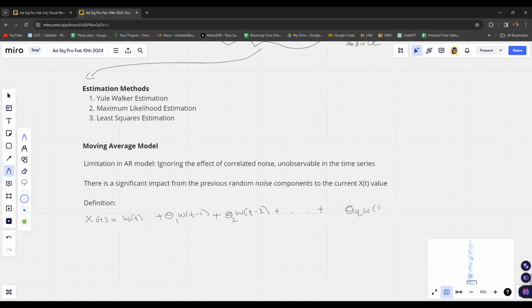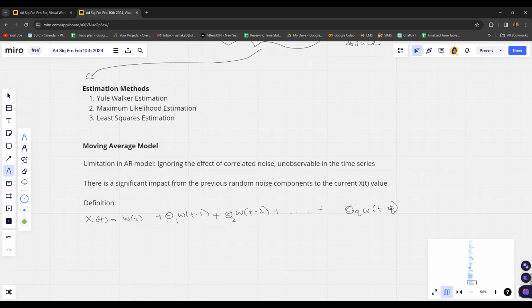In here we are taking samples of up to q past values of noise, and therefore this model is known to be of Qth order.